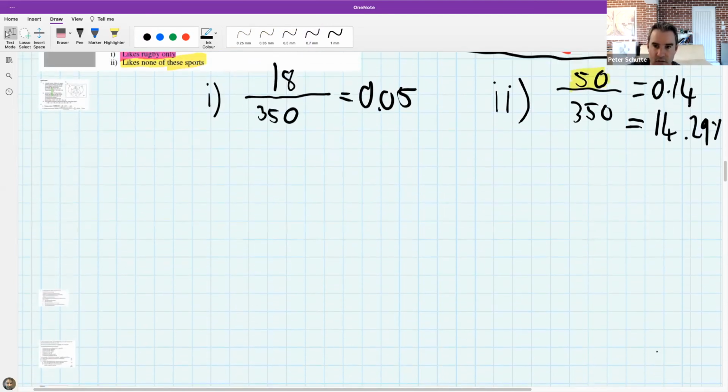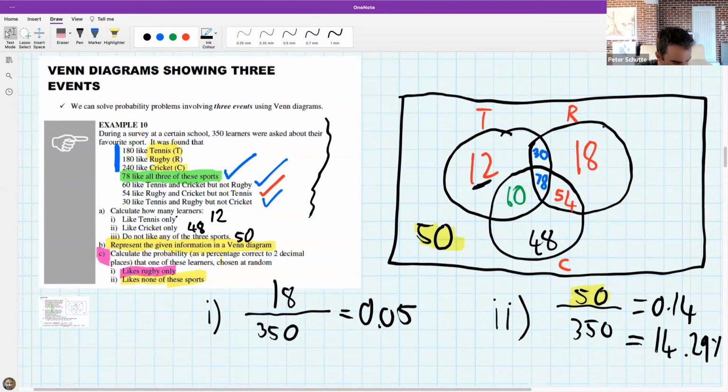And then for 18 divided by 350, according to percentage scale, it'll be 5.14%. So it depends on the instructions.